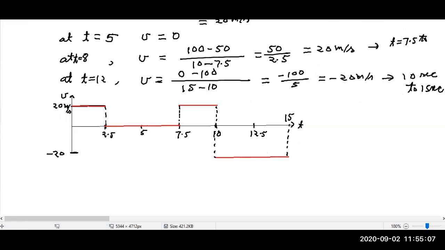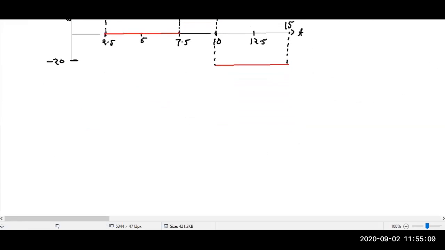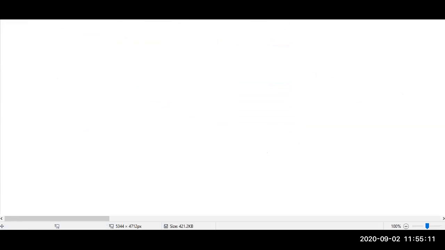Okay, so I am giving a velocity time graph and you have to draw the corresponding acceleration time graph and position time graph. So suppose you are provided the velocity time graph. So VT graph, and the graph is like this.